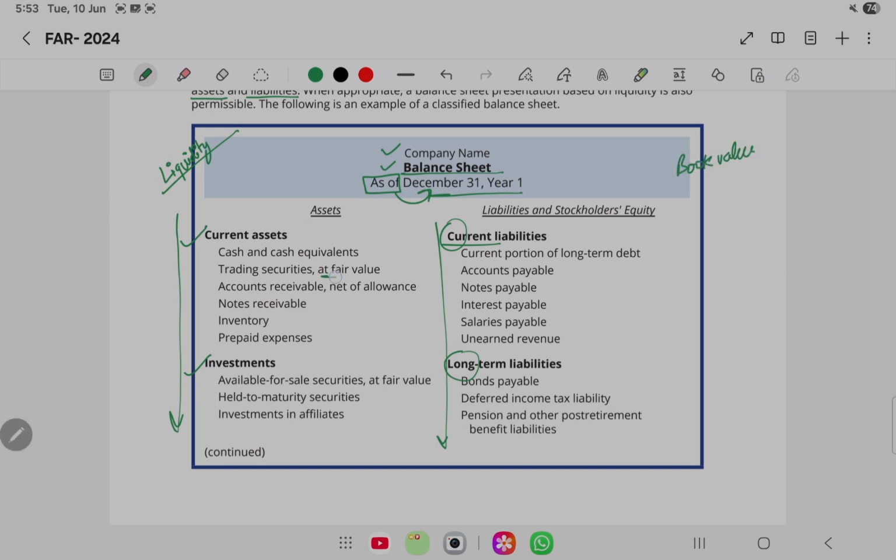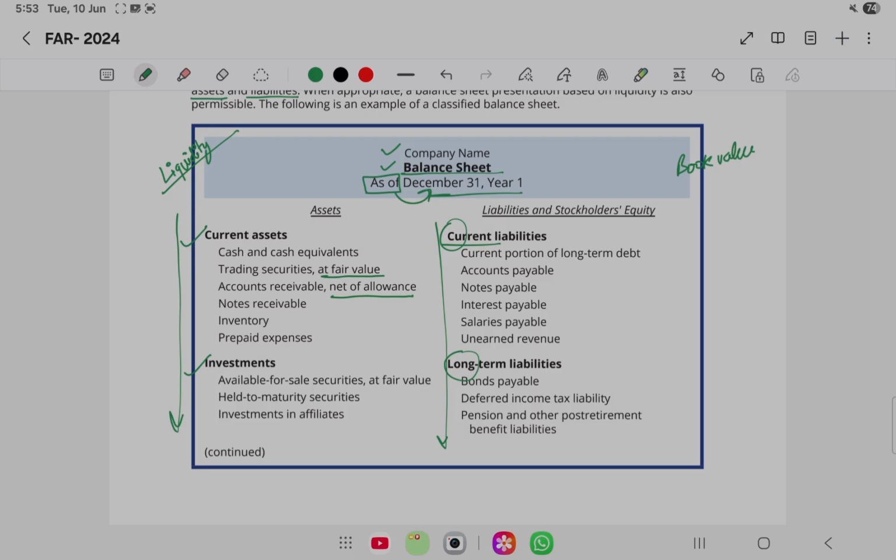Trading securities are calculated at fair value, accounts receivable are net of allowances, and notes receivable include both current and non-current, both come in this category.